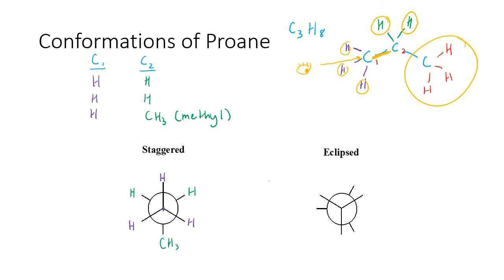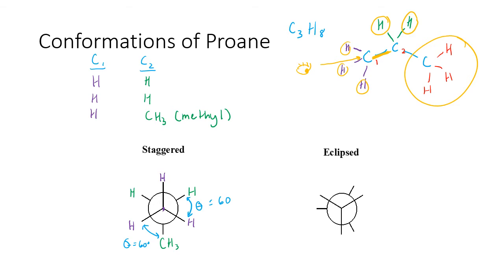So in this case, we have our dihedral angle, which is going to be 60 degrees if we're looking at the angle between a front hydrogen and a back hydrogen. And in this case, we have a dihedral angle of 60 when we're looking at a front hydrogen and our back methyl group as well.